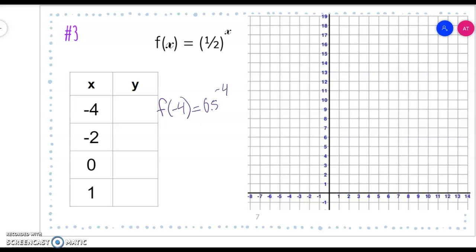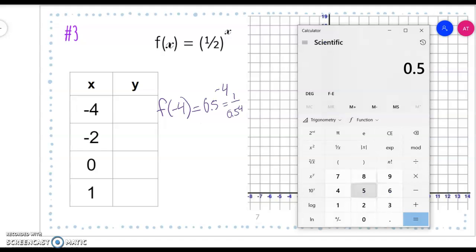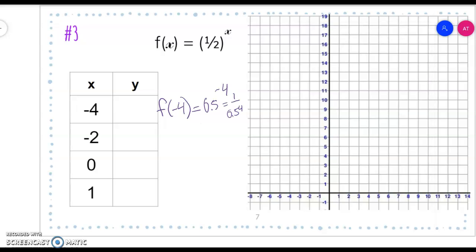So this is actually going to be 1 over 0.5 to the power of 4. If I take 0.5 to the power of negative 4, it's going to give me 16. So you might need to use a calculator on some of these, but we're going to take 0.5 times itself, times itself, times itself to get 16.